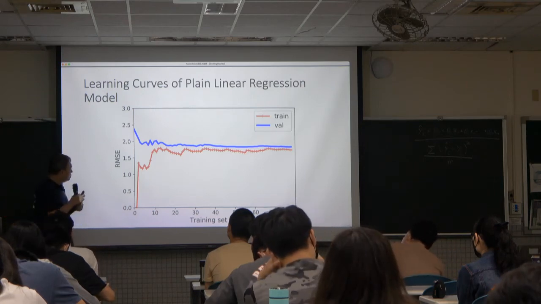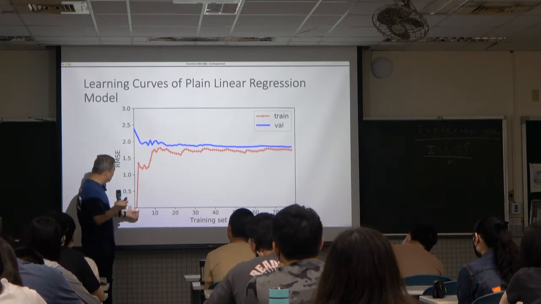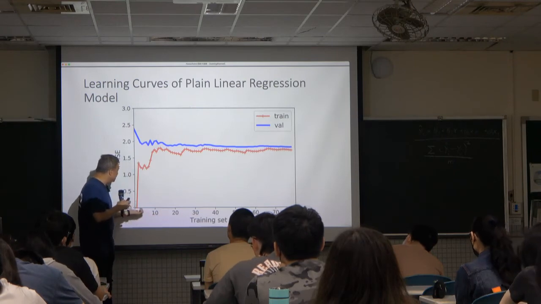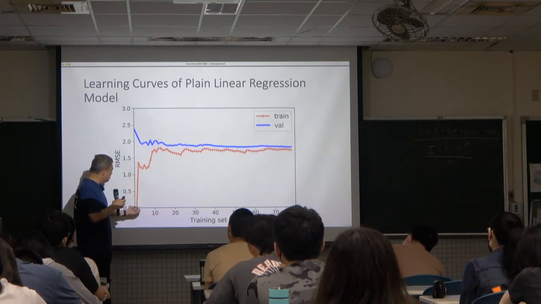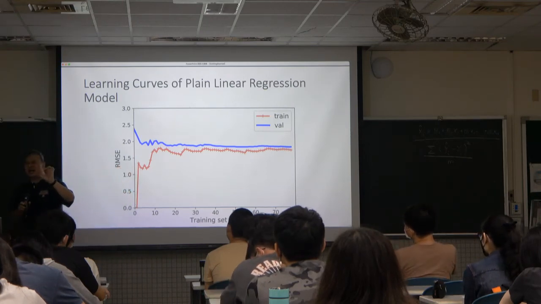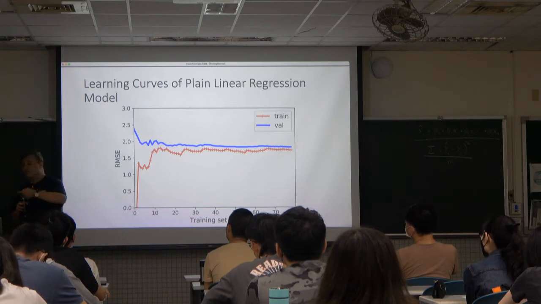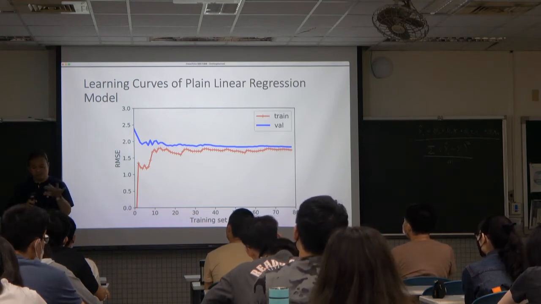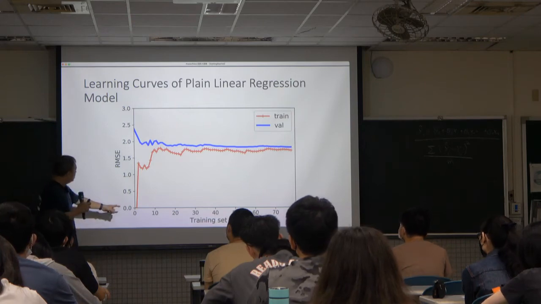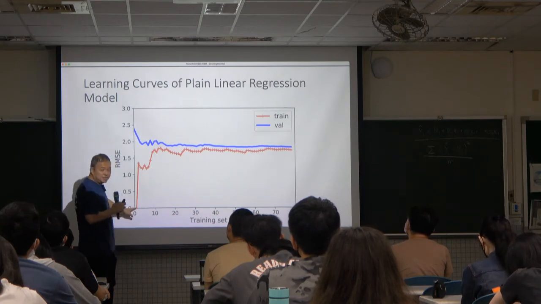At the beginning, the model is constructed based on very few training instances, so it will fit only those training instances very well. It's very unlikely that your model doesn't have the complexity to deal with maybe 2 instances. For 2 instances you can draw a line to fit them perfectly. So at the beginning you can see its RMSE is close to 0.